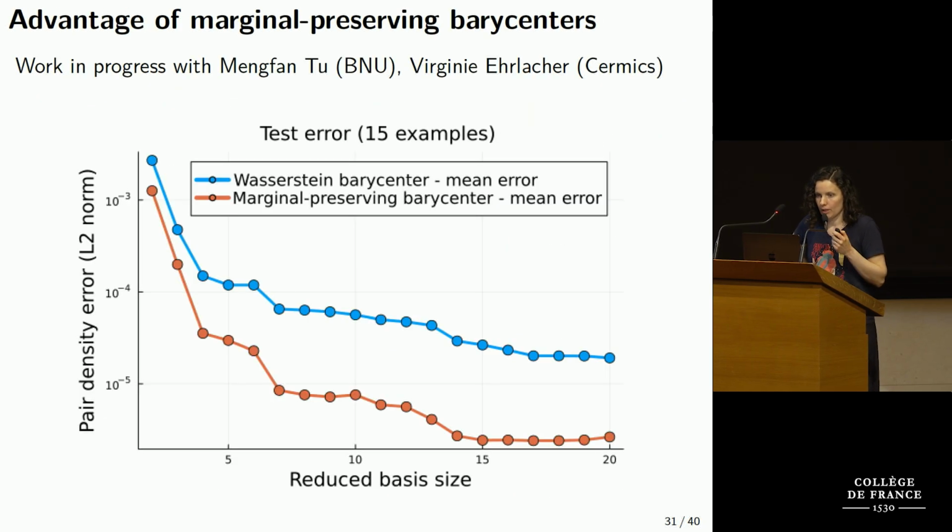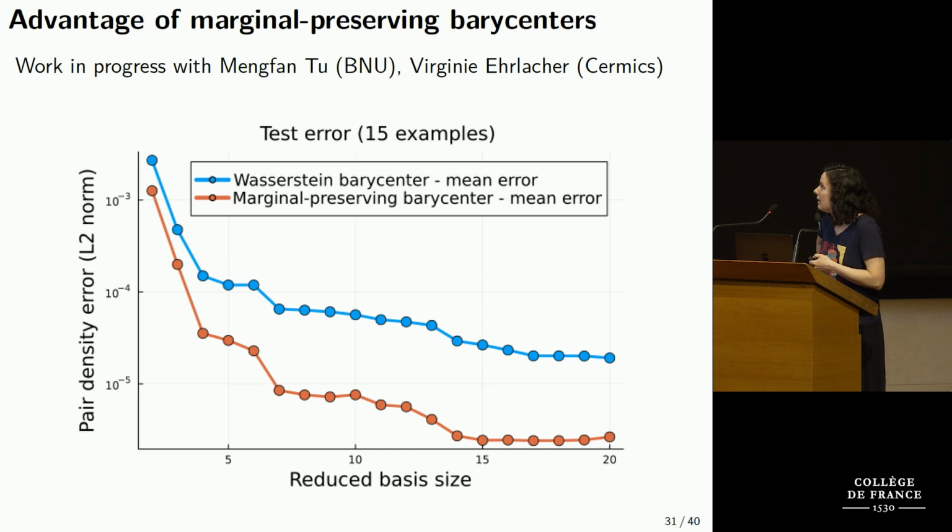Okay, and we also did some tests on the greedy algorithm to see how things were behaving for our problem. Here we tested the classical Wasserstein barycenter against the marginal preserving barycenter.